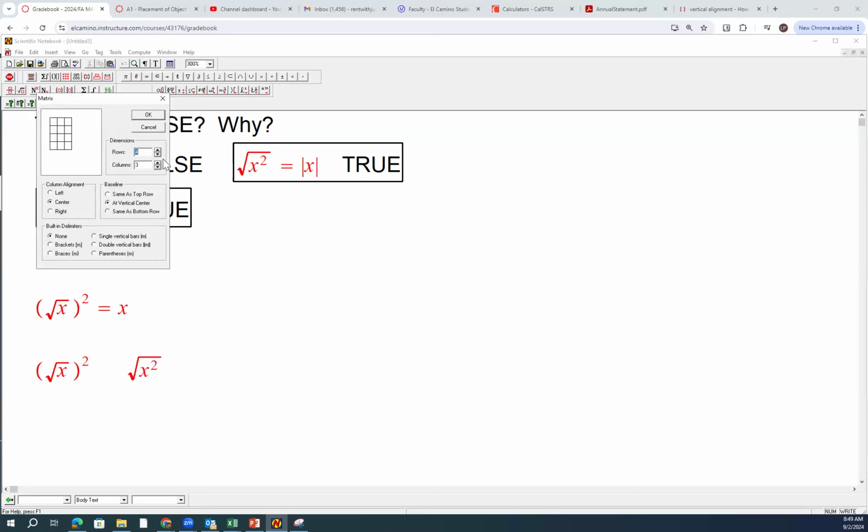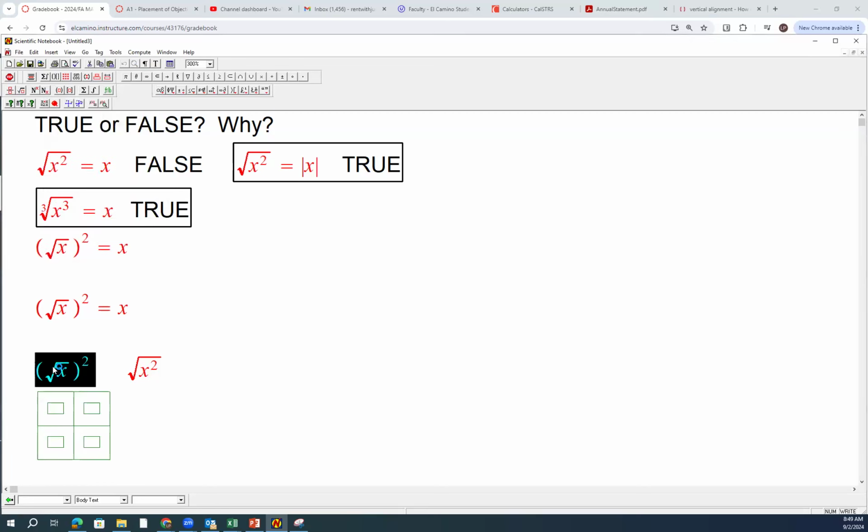I'm going to need 2 rows. One is for root x and then squared, and the other one is the square root of x squared. So the square is done in different order.